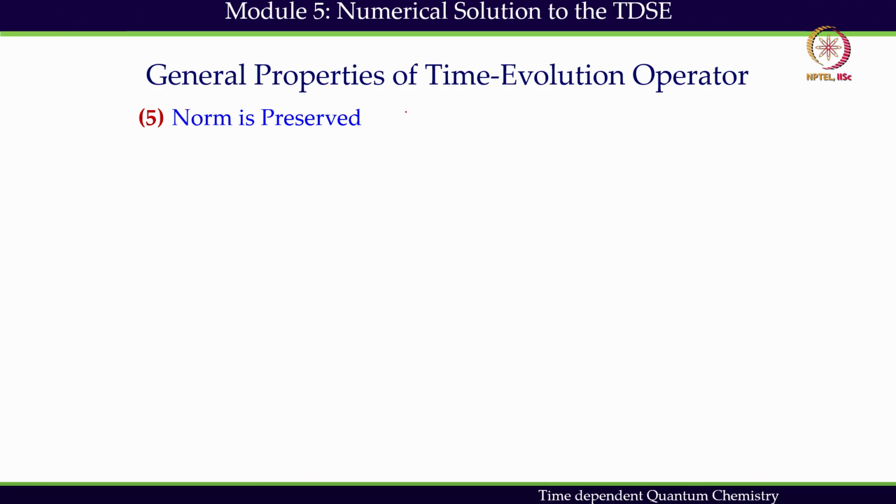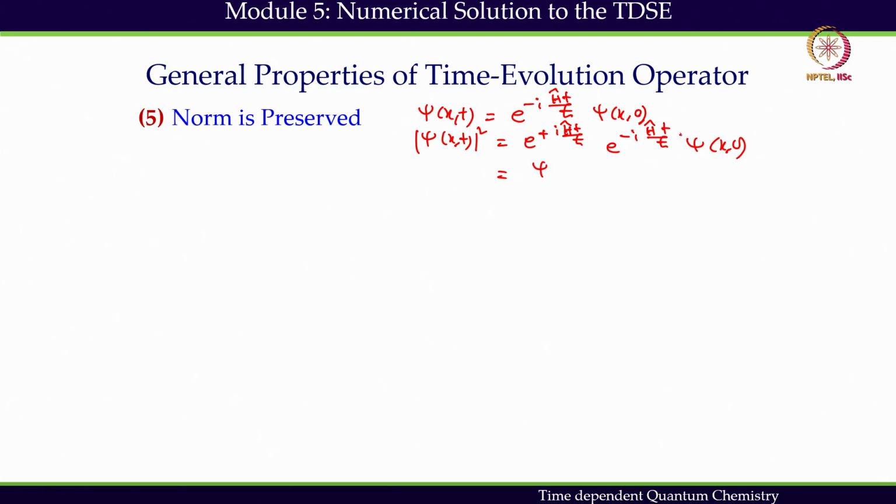So, we will see that if psi x t is represented as e to the power minus i h cap t by h cut psi x 0, then I can consider the absolute value square of it, that is going to be e to the power plus i h cap t by h cut multiplied by e to the power minus i h cap t by h cut, then psi x 0, that is nothing but psi x 0.